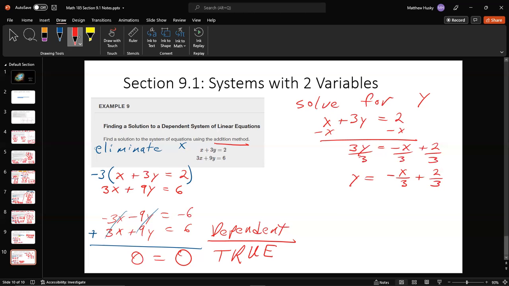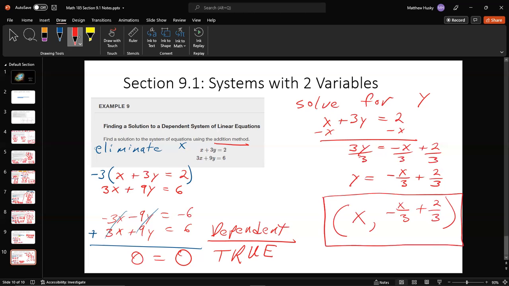And the way you would write your answer is you would say that it is x, comma, -x over 3 plus 2/3. That's the typical way the solution is written for a dependent system. You have x and then something for y in terms of x.